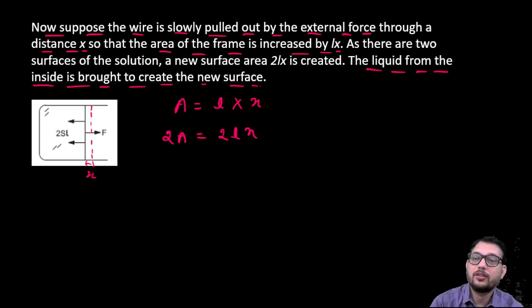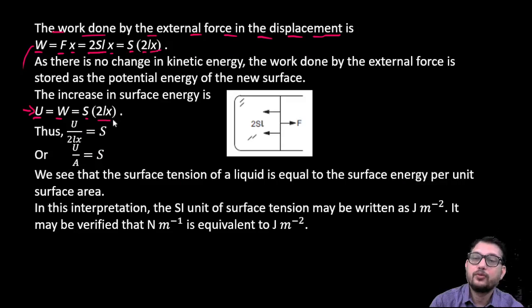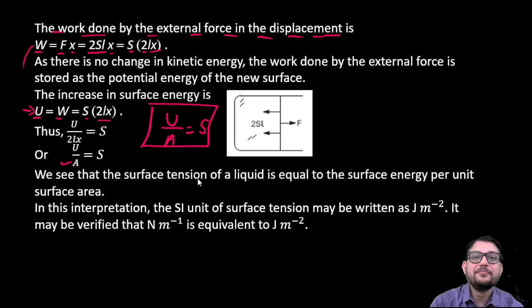Now 2Lx is nothing but 2A. So in place of 2Lx we can place A, and you have the formula U upon A equal to S, capital S. So here you can see that if we know the surface tension and the area, then we can calculate the surface energy.